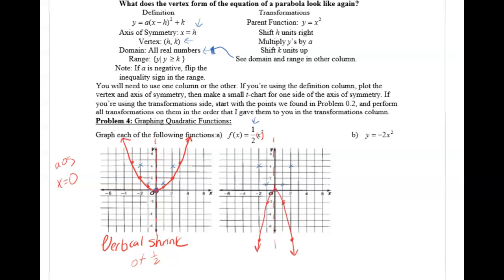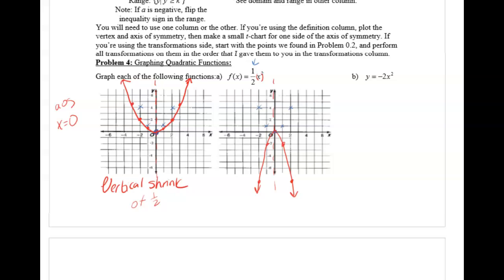Moving on, I see I should list my transformations on B. Now looking at this, I noticed that it goes from being a bowl shape to being a hill shape. The reason for that is because there is a negative. A negative on the outside is going to flip over the x-axis.